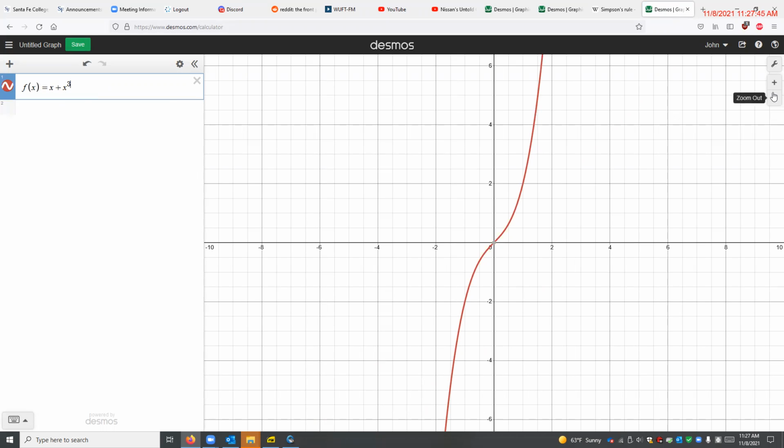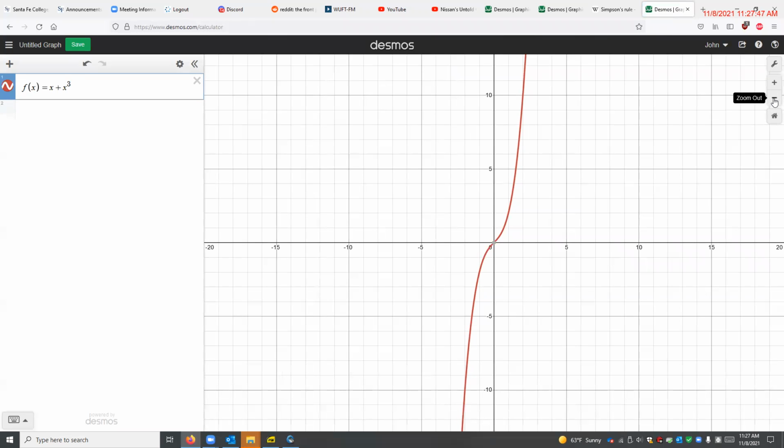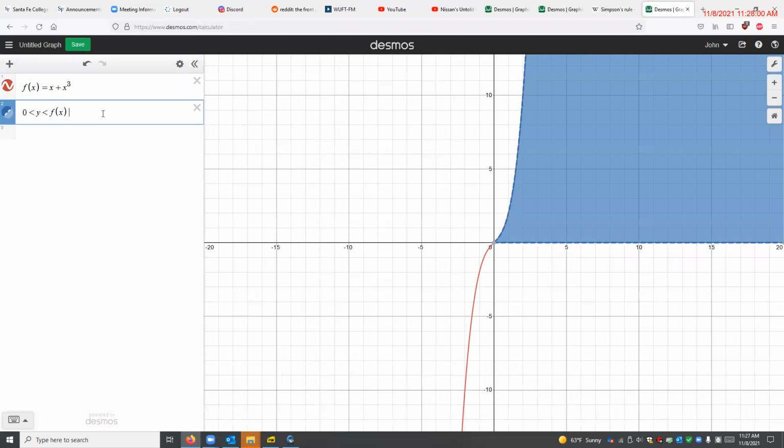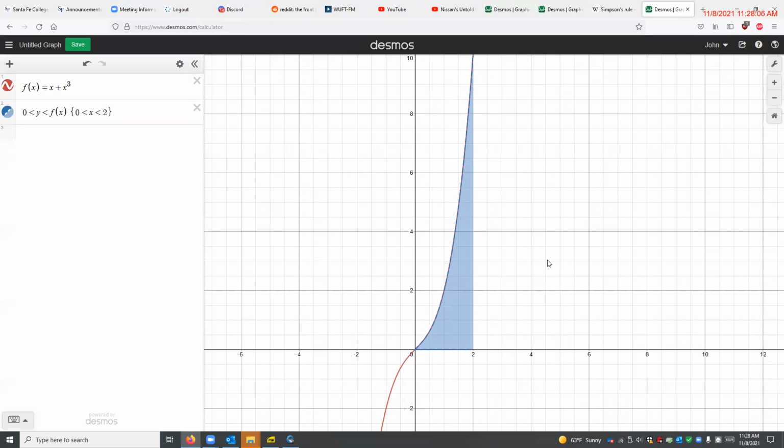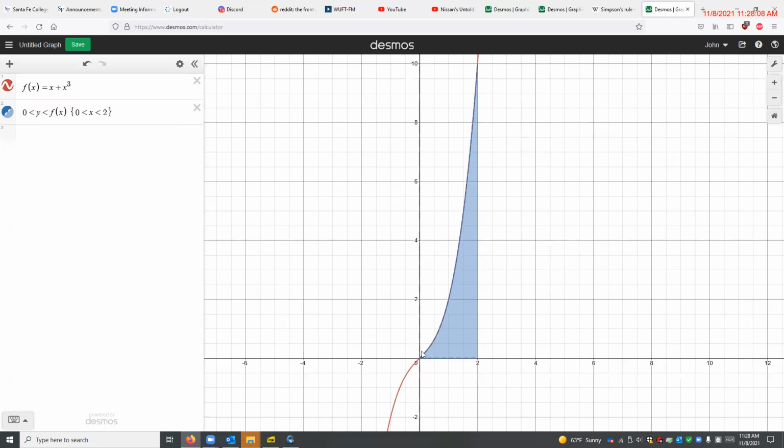Sorry, no root at -1, just a root at 0. So we're looking for this area. And of course, the boundary is curvy, so it's hard. So we need our Riemann sums.